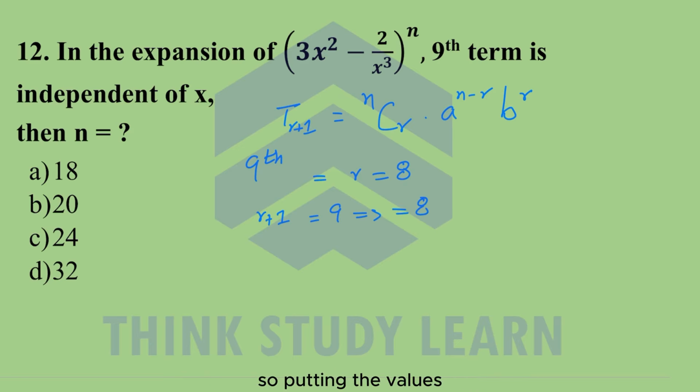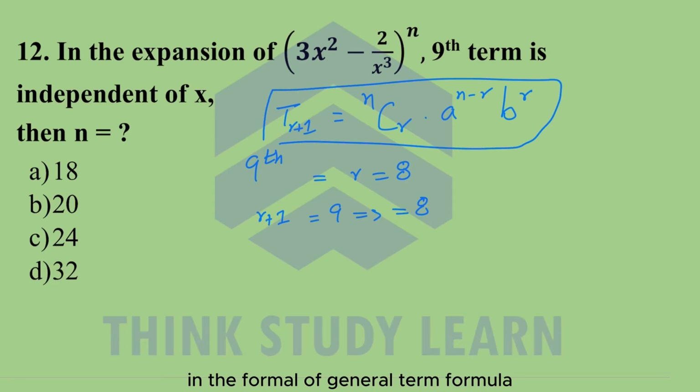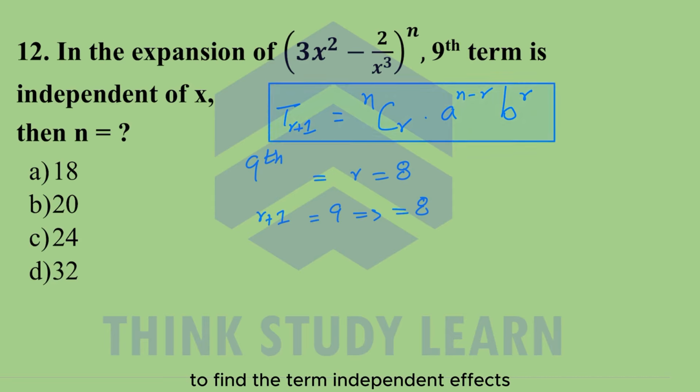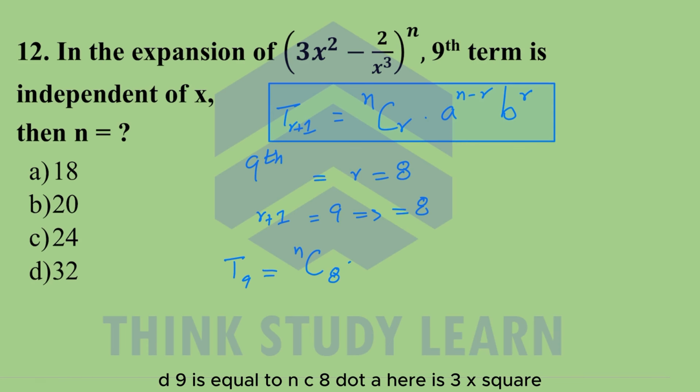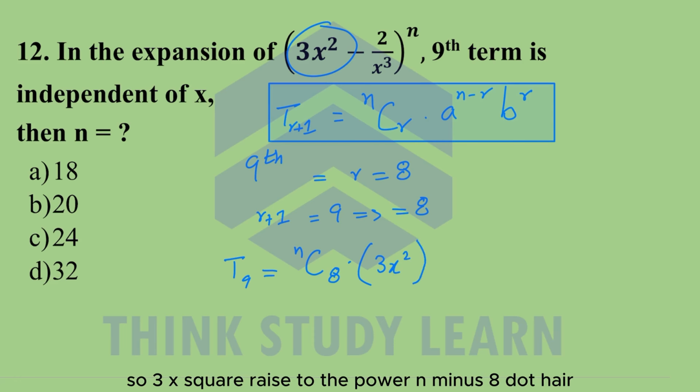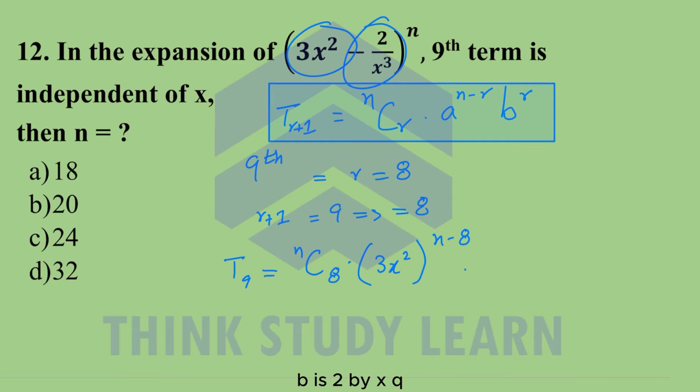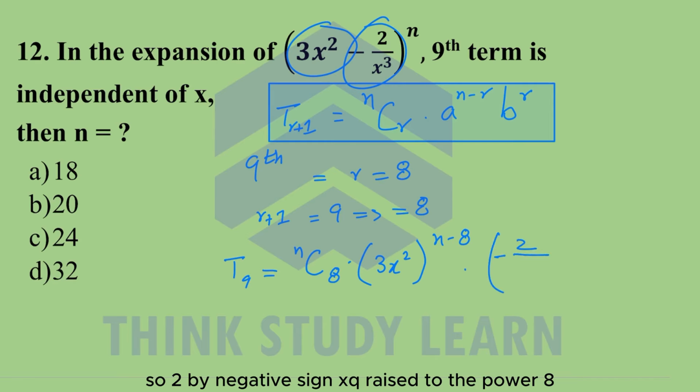So putting the values in the general term formula to find the term independent of x, T9 is equal to nC8 times a, here a is 3x squared, so (3x squared) raised to the power (n minus 8), times b, here b is negative 2 by x cubed, so (negative 2 by x cubed) raised to the power 8.